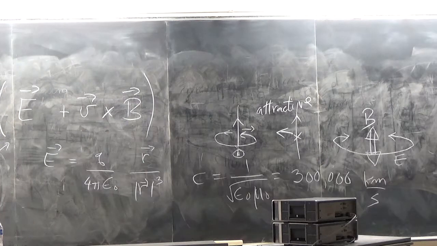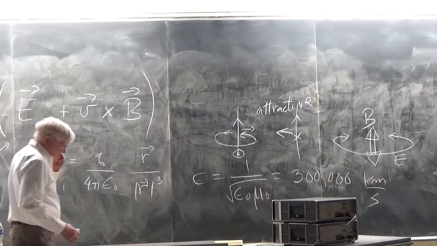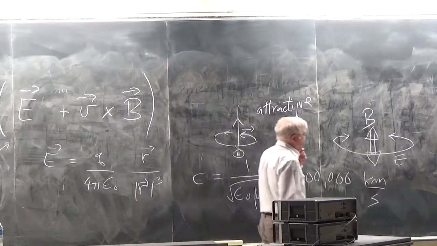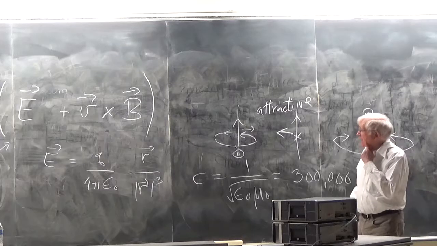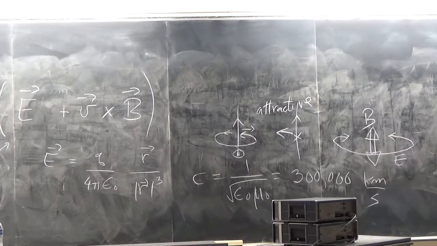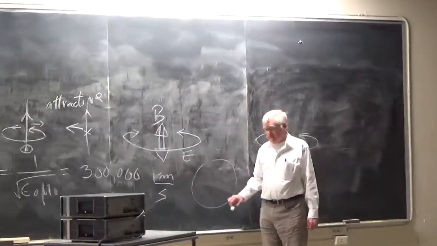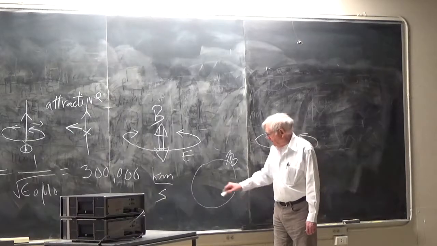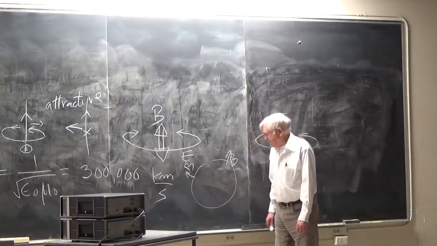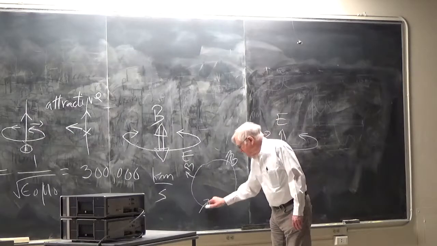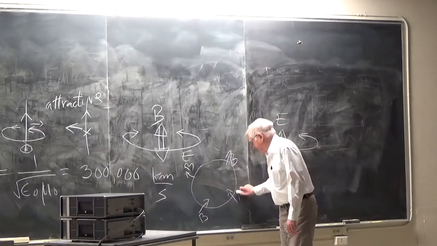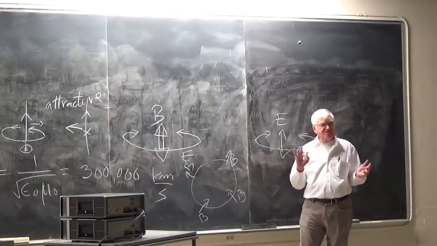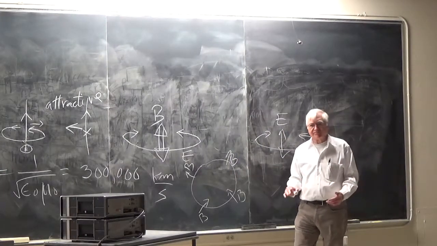This is an equation that I never mentioned to you, and I don't know why, it basically slipped my mind. It's an equation that says that if you have, say, a sphere, and you measure the magnetic field B here, and you find it's going out there, and it's going out there, well, then you can be sure that somewhere else it's coming in like that, because the average value of B on the sphere is 0.